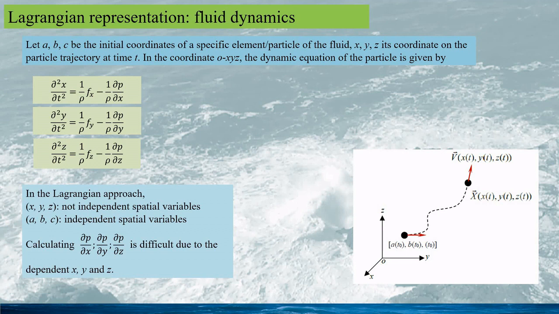Superficially, the dynamic equation in the Lagrangian representation seems simpler than that in Eulerian method, since there is no nonlinear convection term in the acceleration. However, when we calculate the force on the particle due to the fluid pressure, the problem becomes very complicated, since in the Lagrangian approach, x, y, and z are not independent variables.